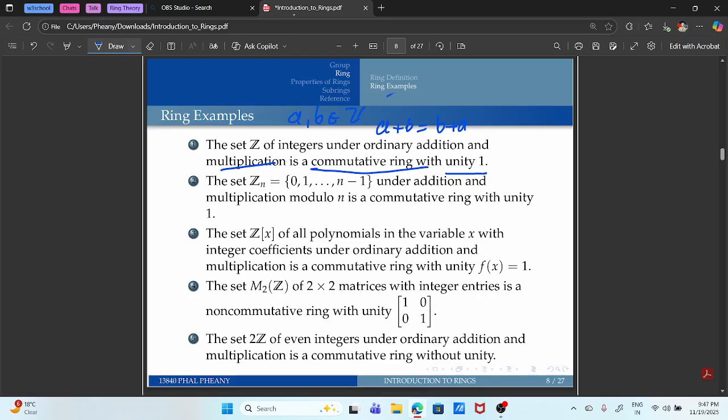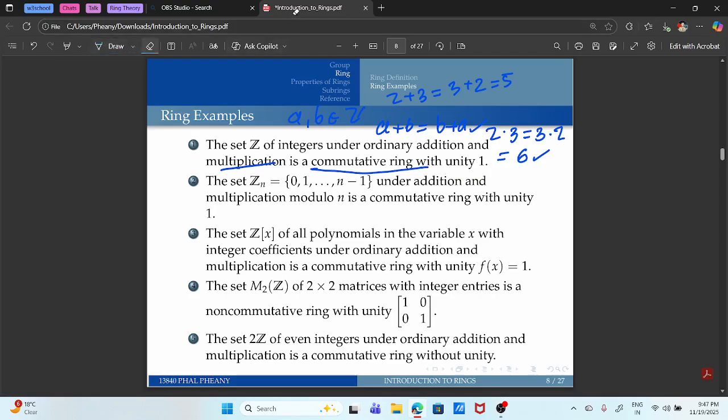Suppose we have 2 plus 3 equal to 3 plus 2 equal to 5. It is the same result, so it is commutative in addition. How about multiplication? 2 times 3 equals 3 times 2 equals 6. Yes, this is called a commutative ring.